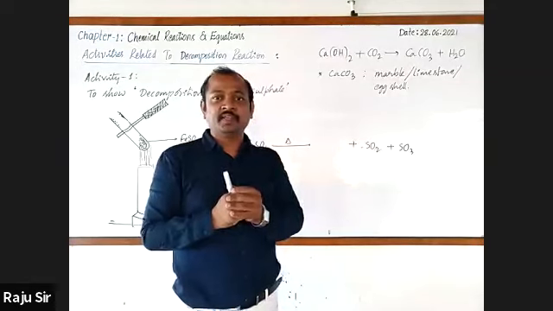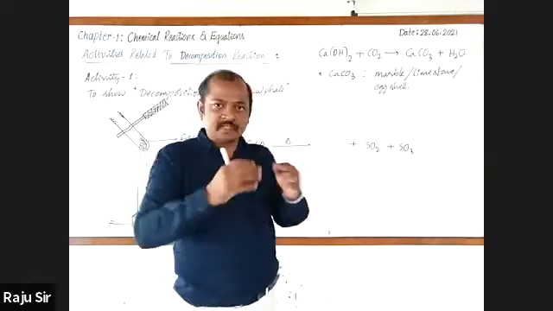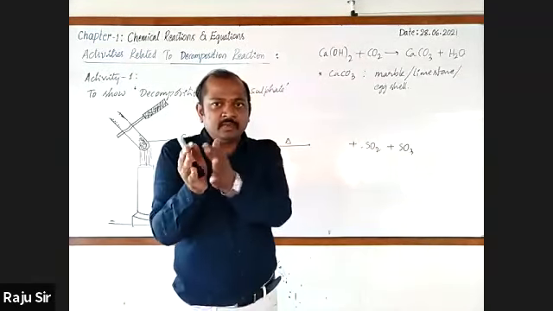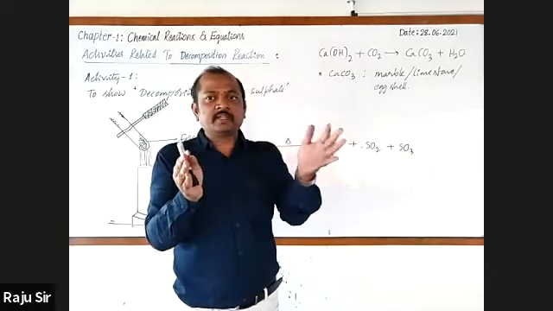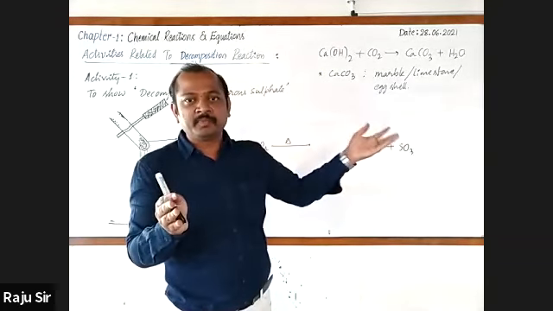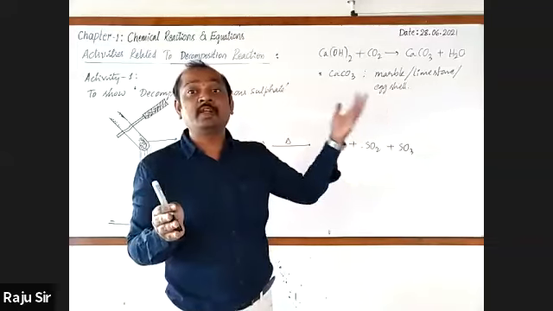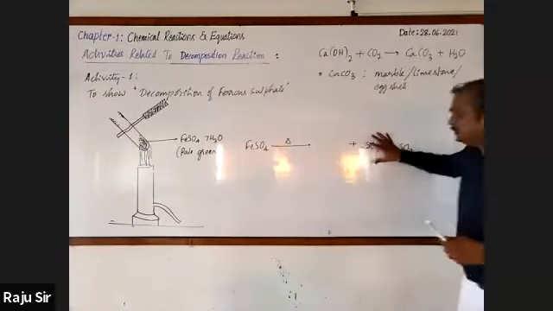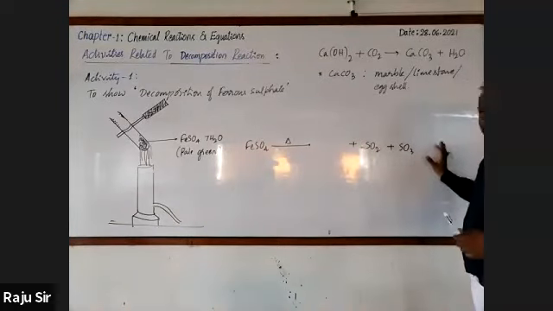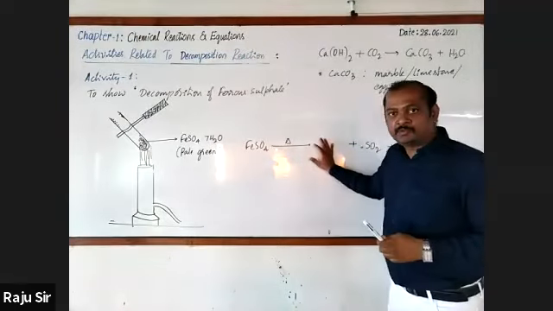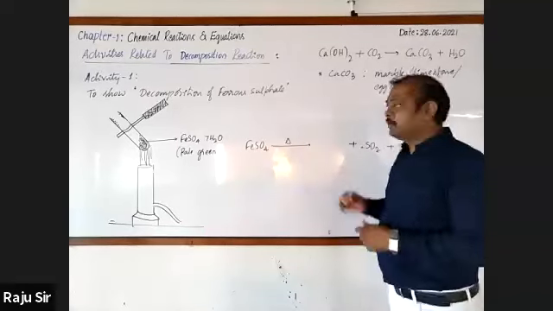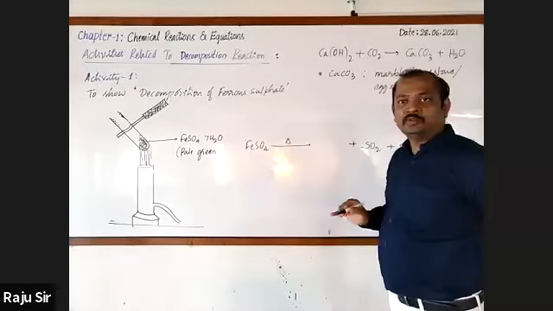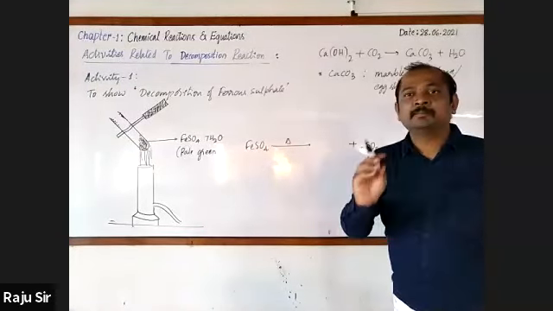This sulfur dioxide, whatever is being released, will react with the oxygen present in the atmosphere and produce sulfur trioxide. Next, when all of these two gases are released, the leftover will be a compound which is brown in color.